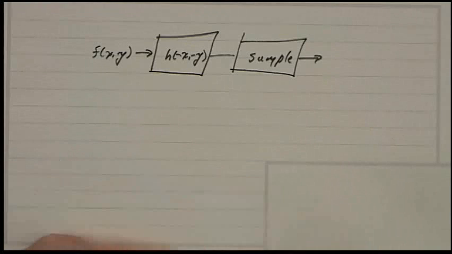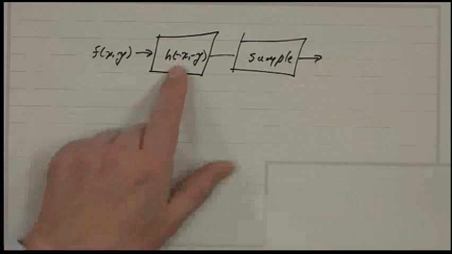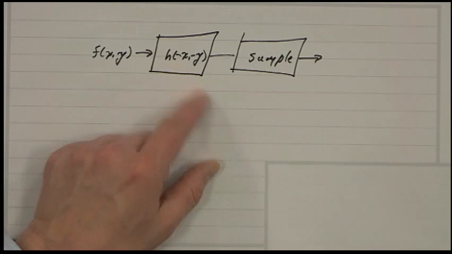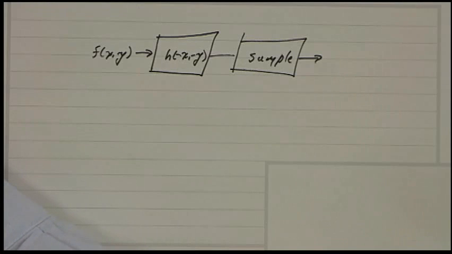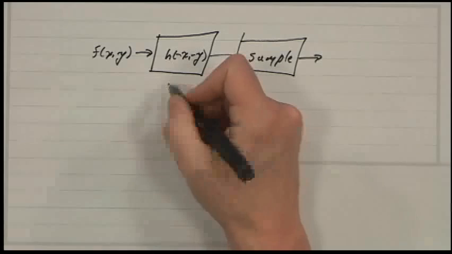So if you go to reconstruct, effectively what's happened is that you've filtered the image. What that really means is that this causes some blurring.